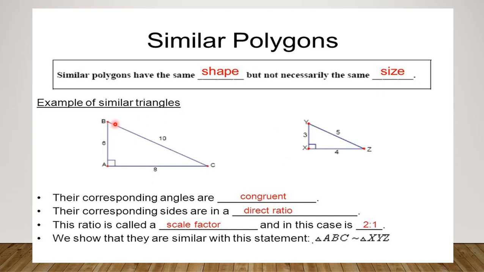When we take BC upon YZ, that is 10 upon 5, or 2 upon 1. All three sides have the same ratio, 2 is to 1. So this 2 is to 1 is known as the scale factor, and we write the triangles are similar.